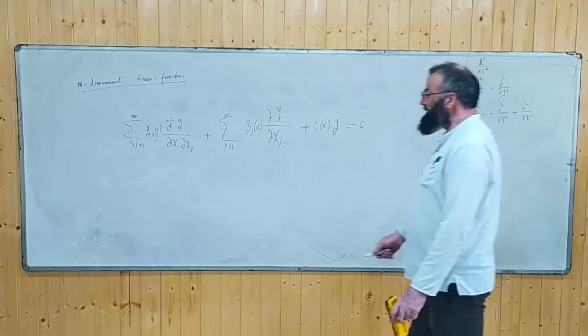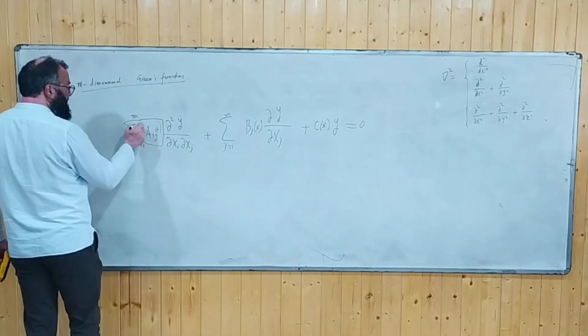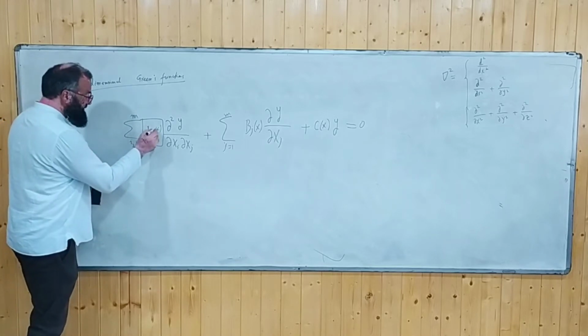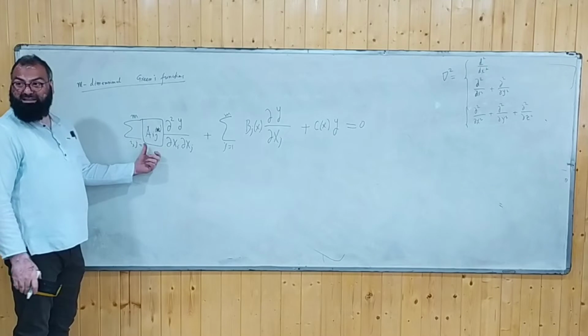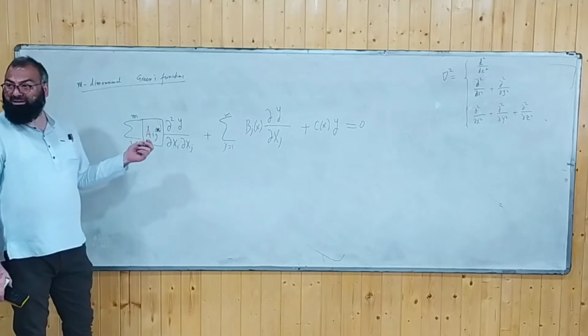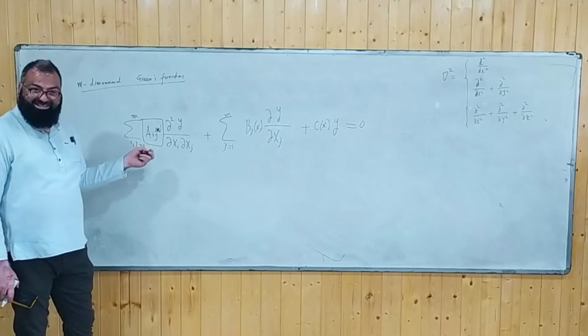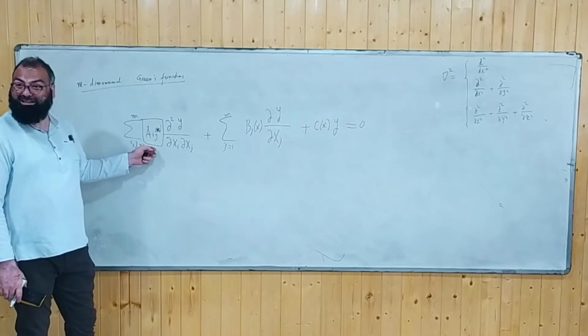So now if you see, this is in general a matrix. This is in x, not t. So this matrix, you can diagonalize it if its determinant is non-zero. If the determinant of this matrix is non-zero, you can diagonalize it.